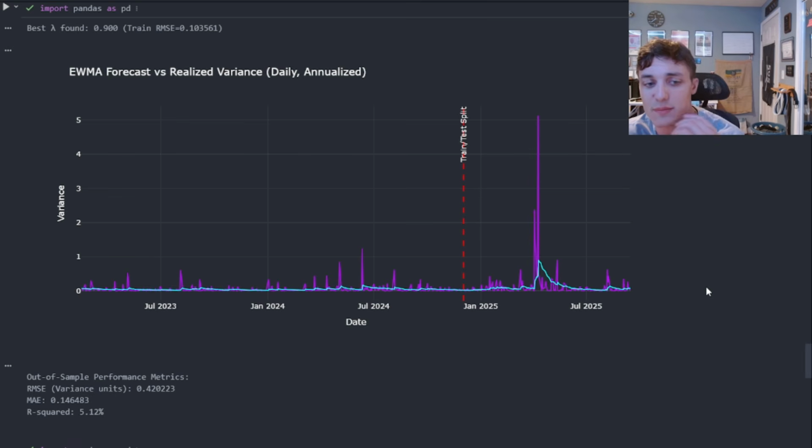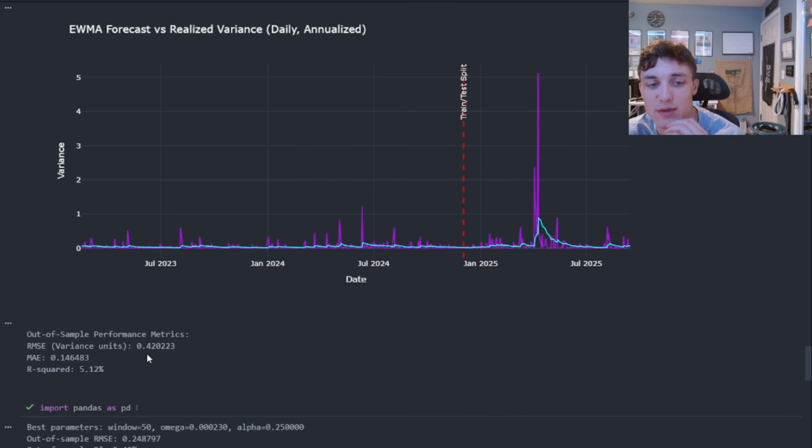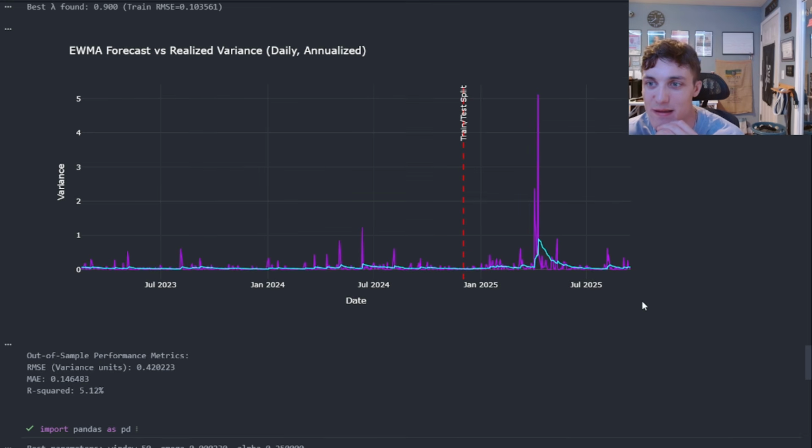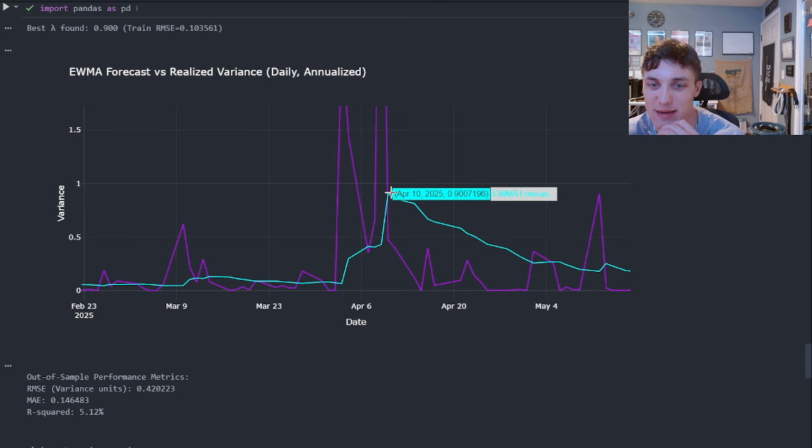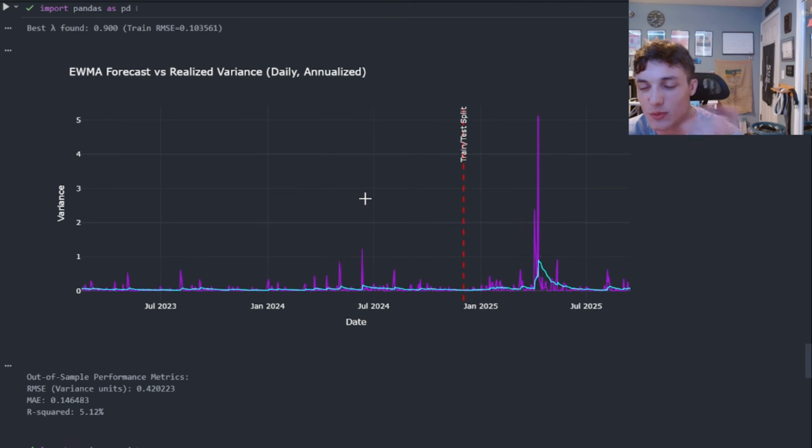Here I have a root mean squared error of roughly 42% and an R squared value of 5.12% for this exponentially weighted moving average. All it's really doing is trying to use the previous value with some sort of decay factor, going back a certain number of lags, to predict, or I shouldn't say predict, but forecast, the next realized volatility.